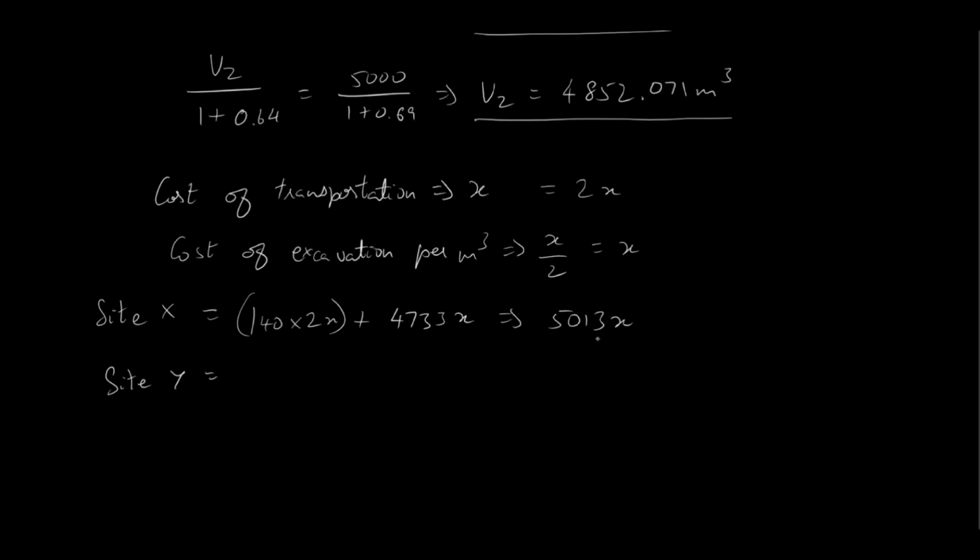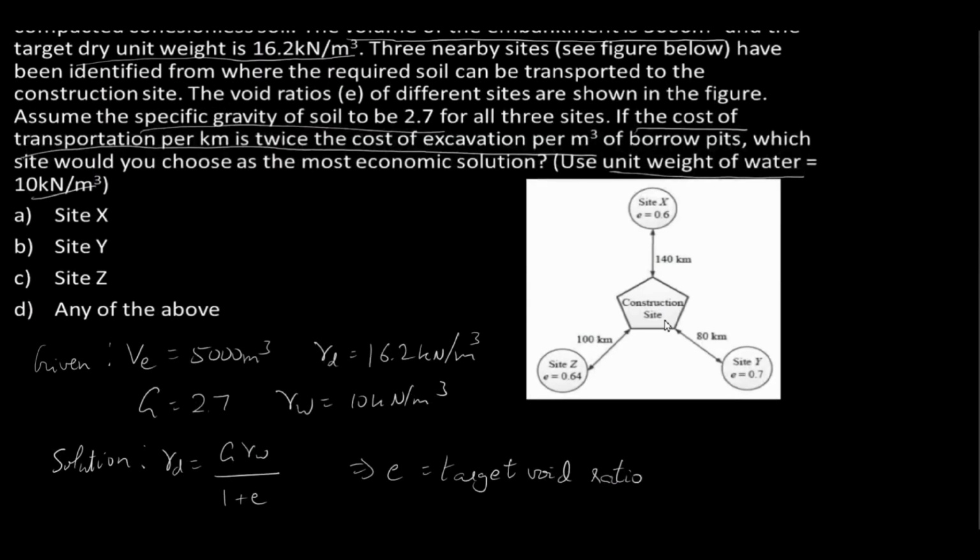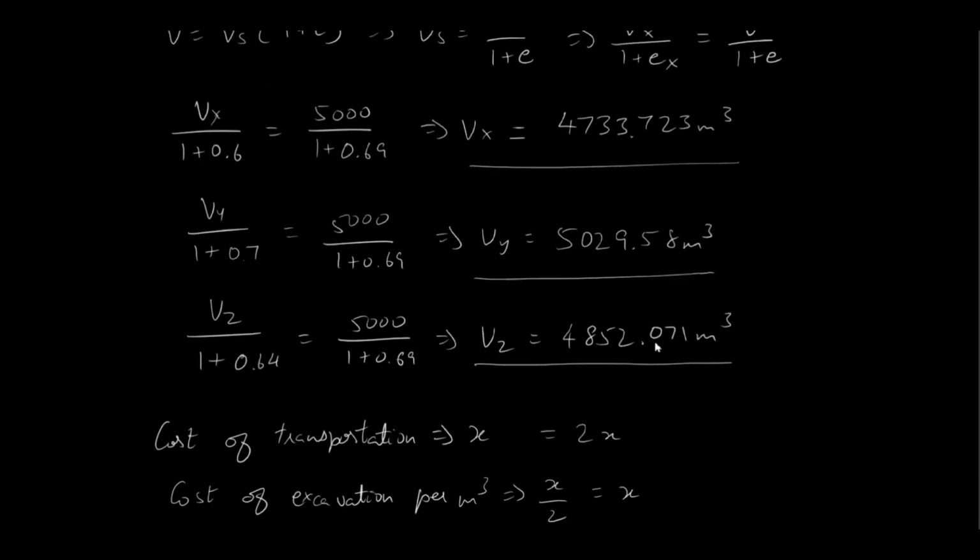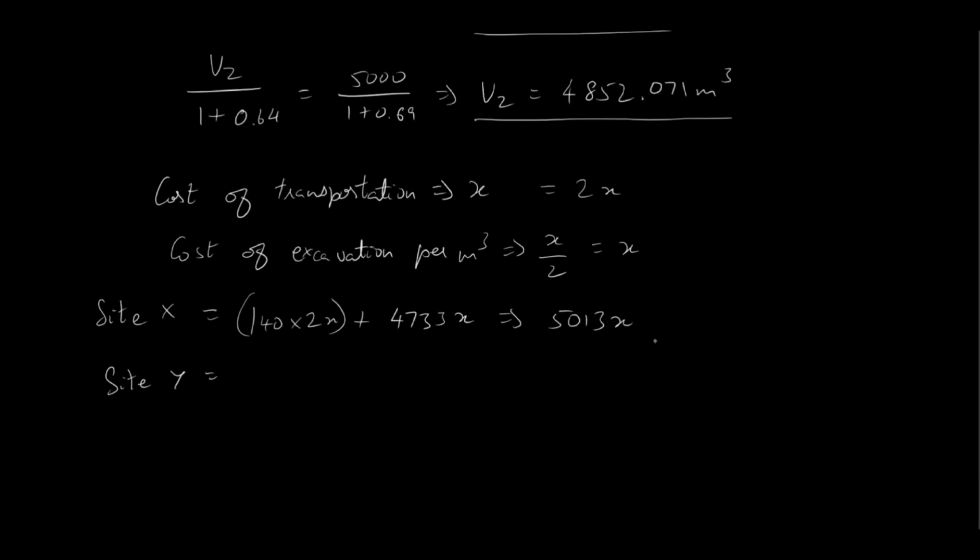For site Y, what is the distance between site Y and construction site? It is 80 kilometers and volume 5029.